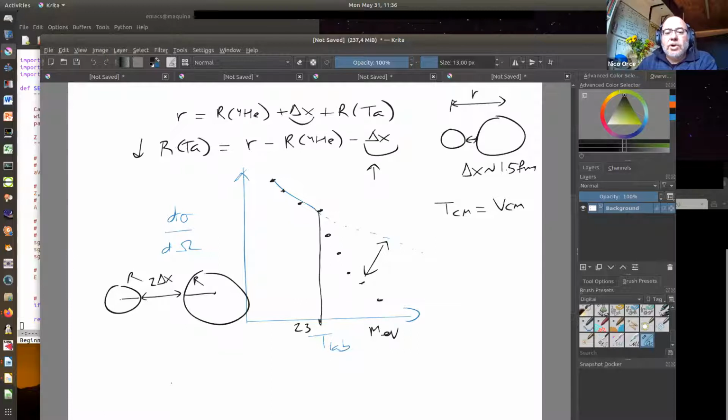So the only thing that will change will be this data point. Instead of coming maybe at 23 MeV, the nuclear force suddenly starts being active at a longer range.